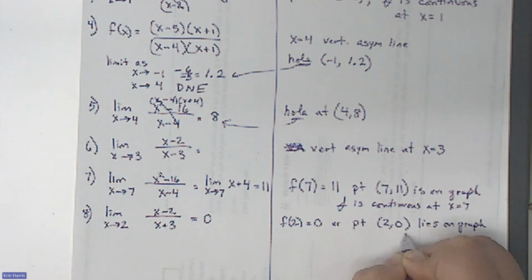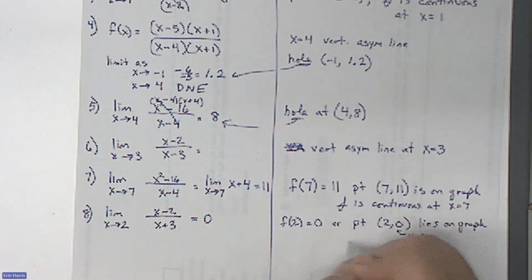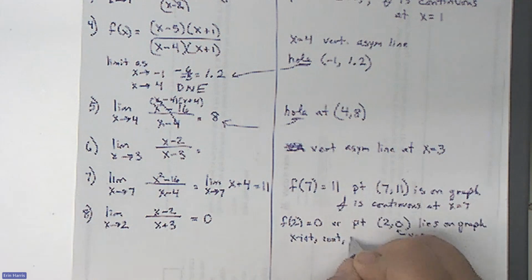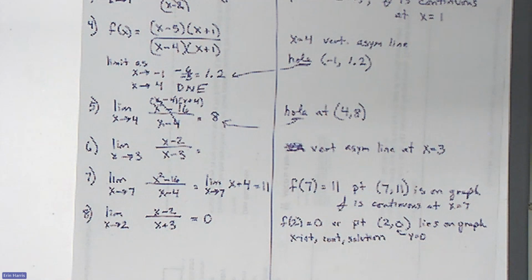What kind of point is that? X-intercept, wonderful. So this is an x-intercept, or we call that a root, or a solution. Notice that when the numerator is 0, that gives us our x-intercepts.